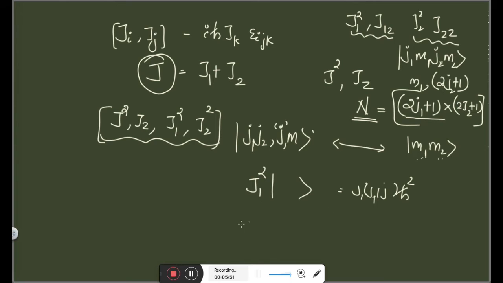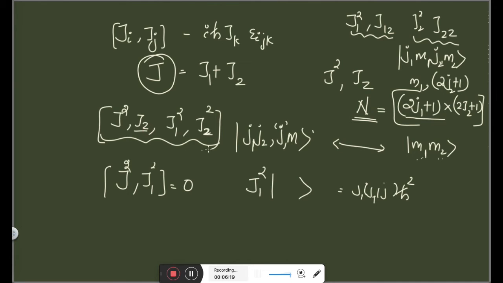Okay, so you can see that J square and J1 square commute. Similarly, J square and J2 square commute. J square and J set commute. And J1 square and J2 square commute with J set, and J1 square also commutes with J square.